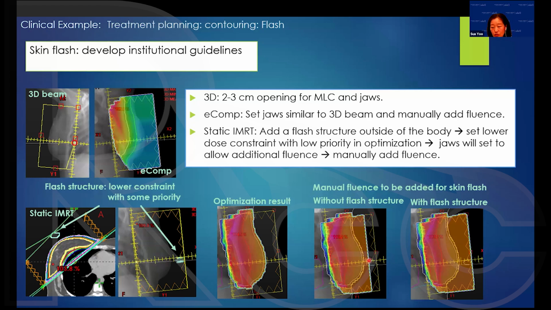It doesn't let you go further beyond a certain distance. So to make this open more, you can actually add a fake flash structure. And when you run optimization, put in some lower constraint, then the jaw opens up and lets you add the fluence at the end. So no matter what, you actually have to manually add skin flash for IMRT.